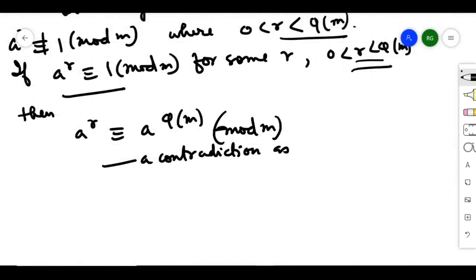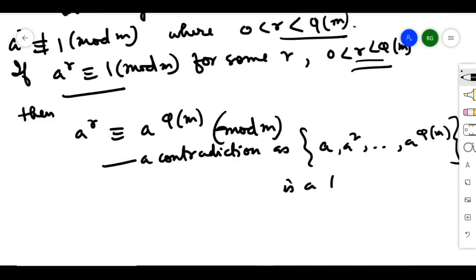So what we have seen is a contradiction. As this set is a reduced residue system mod m, r may be any positive integer from 1 up to phi m minus 1, which is different from phi m. So we have seen that two integers in this set are congruent, which is a contradiction, as it is a reduced residue system mod m.